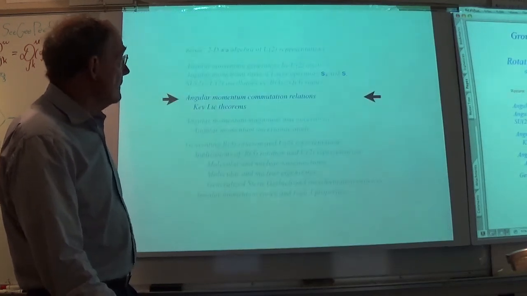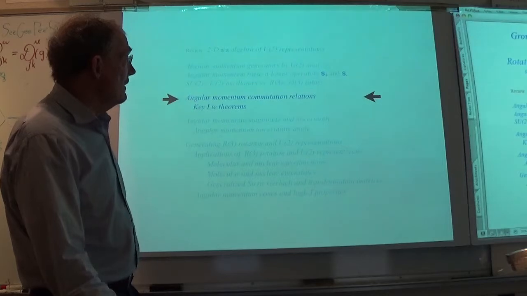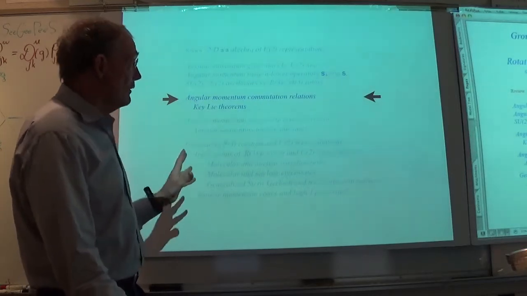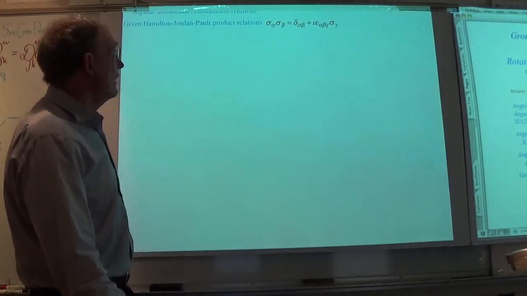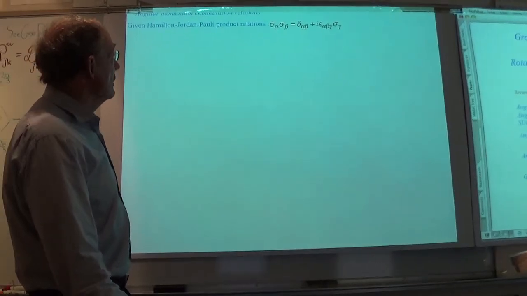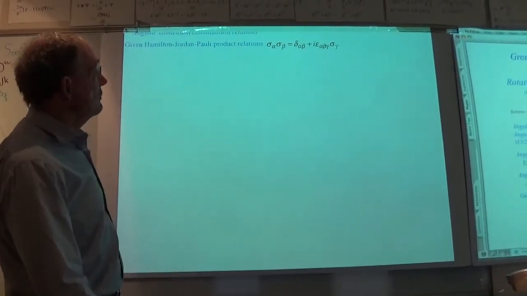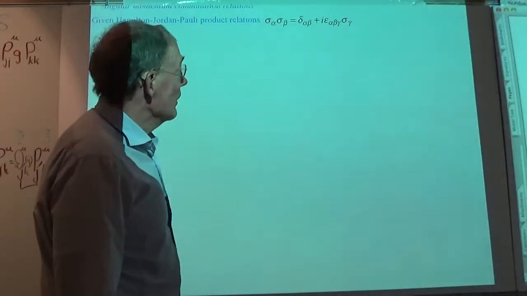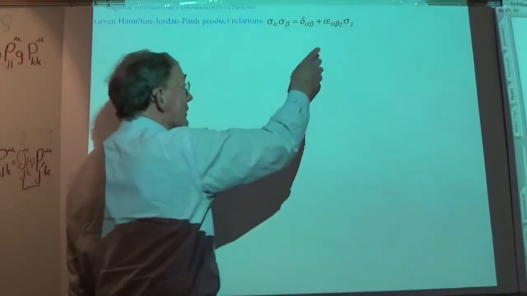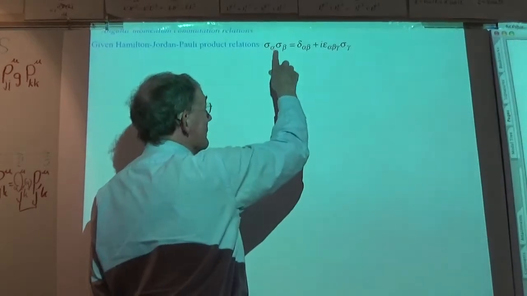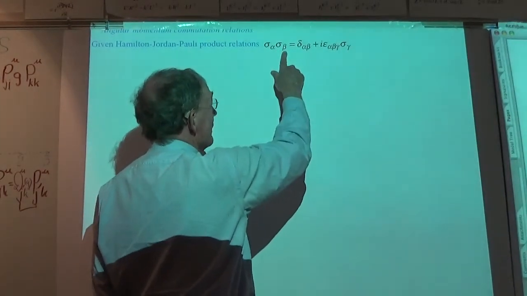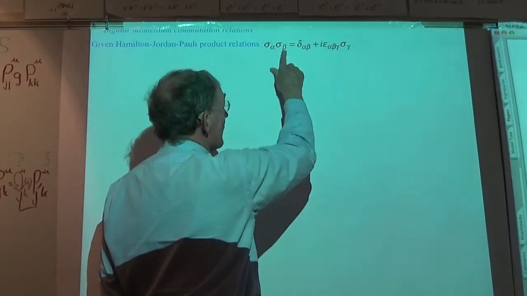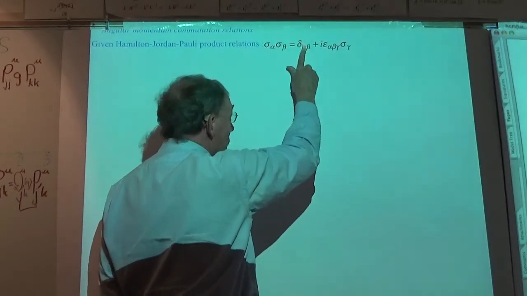Okay. Now, commutation relations, that's what they use to derive all this stuff. That's really hard. Let's go back and remember our commutation relations for sigmas. It's a really complicated multiplicative structure here. Sigma alpha times sigma beta. If alpha and beta are equal, it gives me 1.